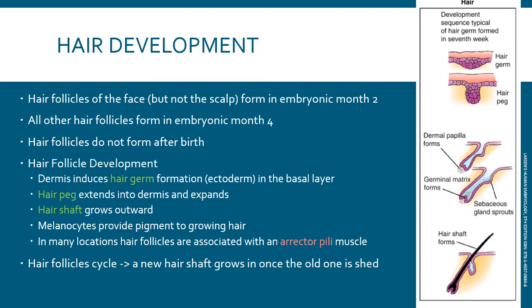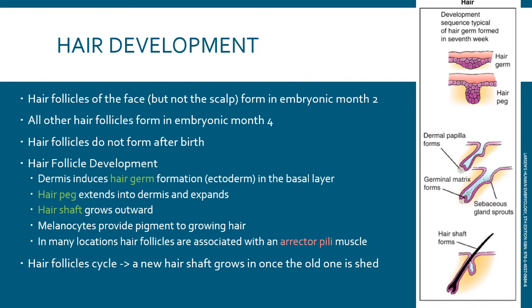Melanocytes, as we talked about, will come and associate with the hair follicle to provide pigment to the growing hair. And in a lot of locations on your body, you'll get small muscles called erector pili muscles that become associated with hair follicles, and they're responsible for raising the hairs when you're frightened or cold.